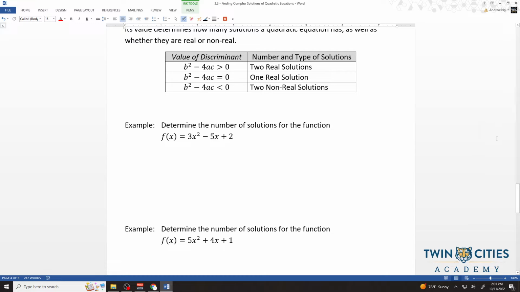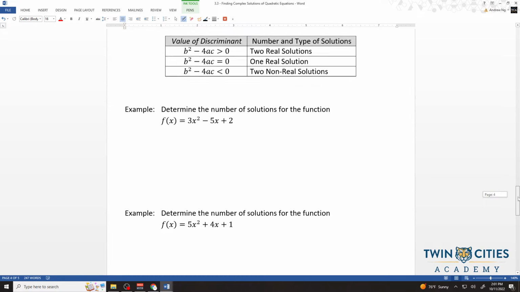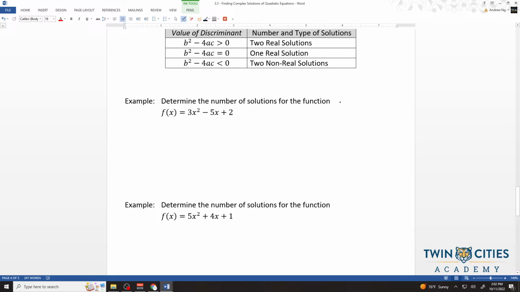Determine the solutions for the functions. The first one, I've got 3x squared minus 5x plus 2. So this tells me a equals 3, b equals negative 5, c equals 2. So my discriminant, b squared minus 4ac, is going to be negative 5 squared minus 4 times a is 3 and c is 2.